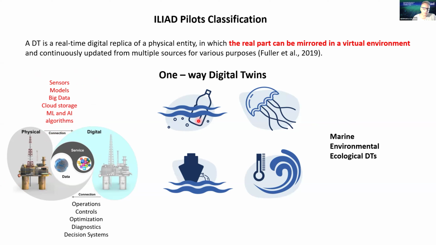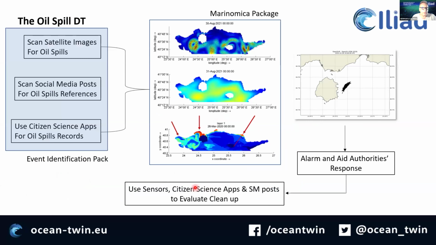And this refers to systems that we cannot really control and optimize easily because they are environmental systems like the marine litter or the jellyfish or metocean conditions or the ballast water or any pollutants in the sea. And then we have a good example of that, the oil spill digital twin that is developed by DUTH, by Democritus University of Thrace, for the Thracian Sea. I will say a few words later on, and I will show you the sensors we are using for this digital twin.